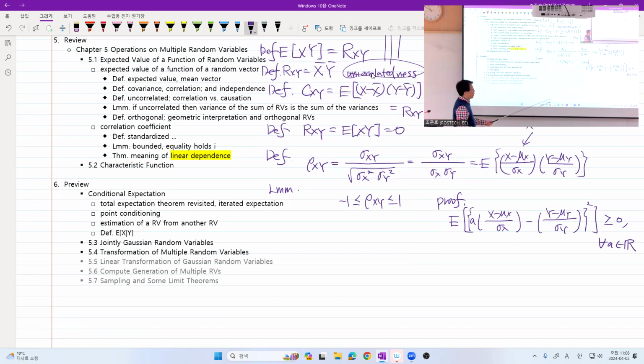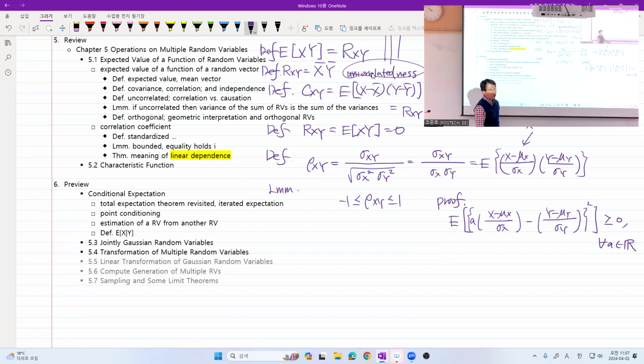So suddenly we have this inequality. We don't know the reason, and some proofs just say, think about this. And since the left-hand side is a quadratic function of the real variable a, we can apply the discriminant technique to show that this is true.